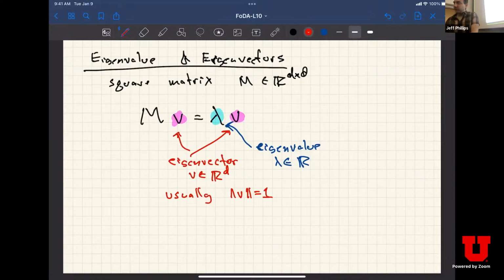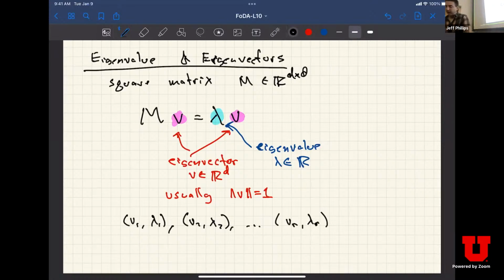All right. What's neat about these is that if I have a D by D matrix M, I can get a set of these eigenvectors and values. I'll get v1. These come together in pairs, right? So v1 and lambda 1, v2 and lambda 2, up to vR and lambda R, where R is the rank.